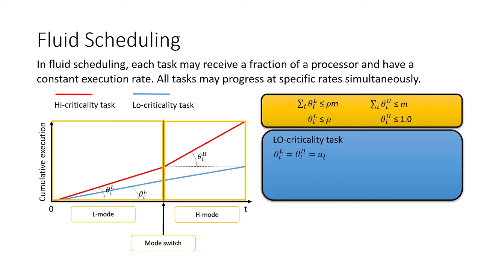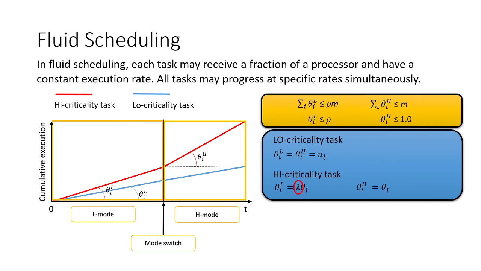For each low criticality task, we assign a constant execution rate for both modes, and it equals its utilization. By contrast, we separately set a constant execution speed in low and high mode for all high criticality tasks.